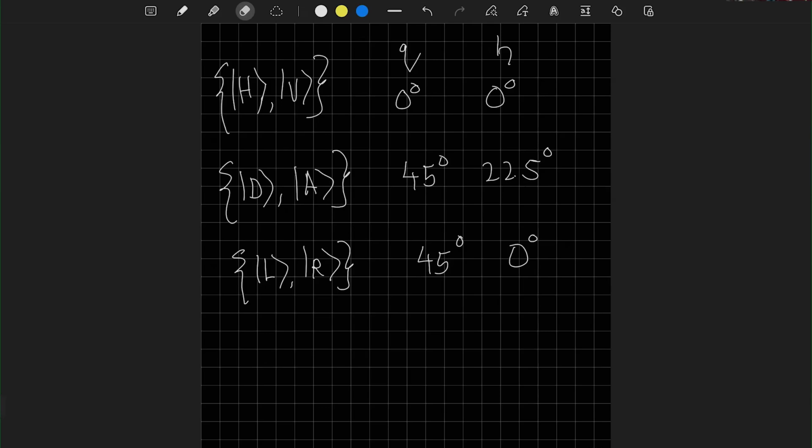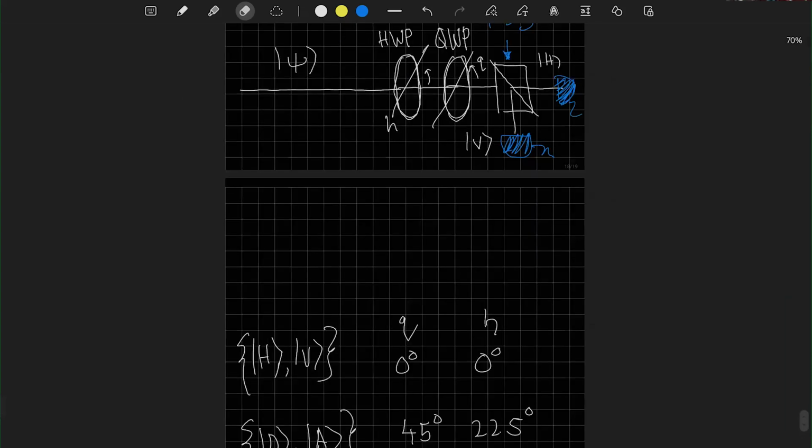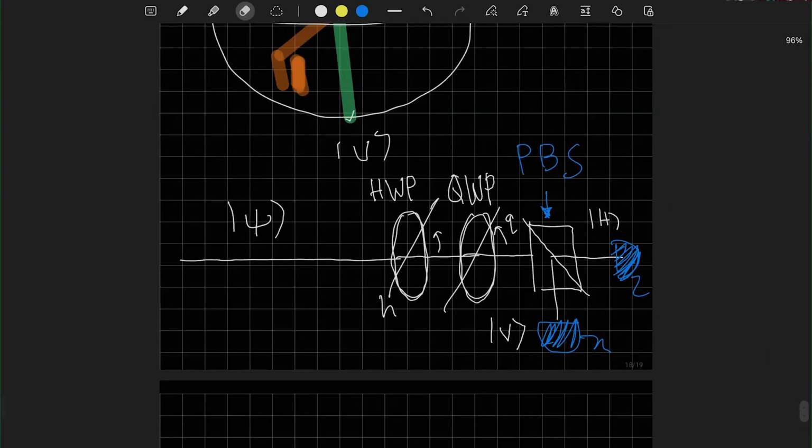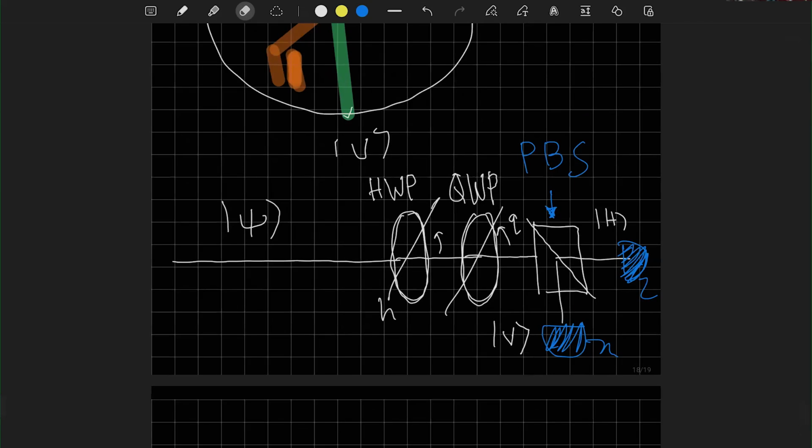So if you look at this scheme here, this is a measurement scheme. This is doing a projective measurement. Quantum mechanically, what we are doing is we have a measurement operator, which is, say, the projector onto H, which is ZH.